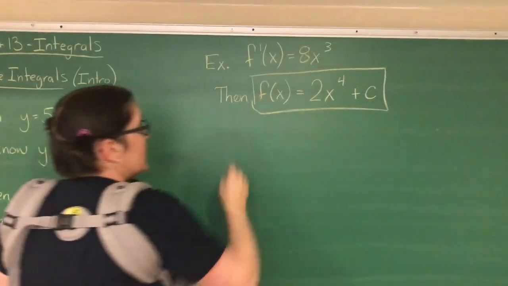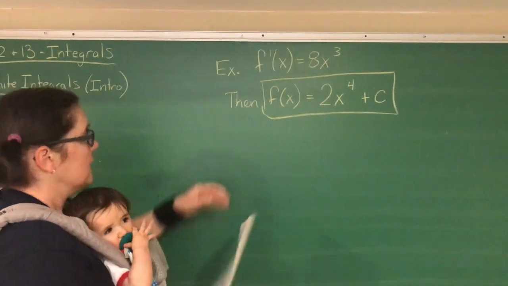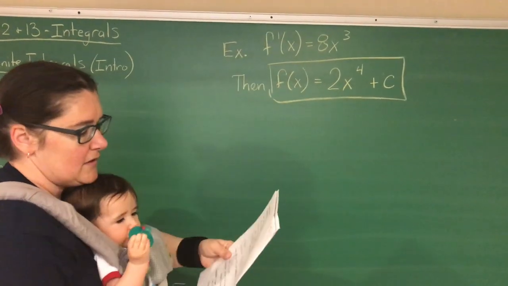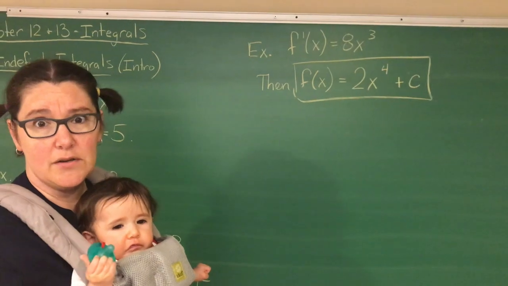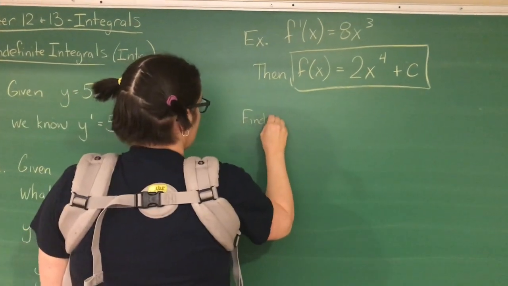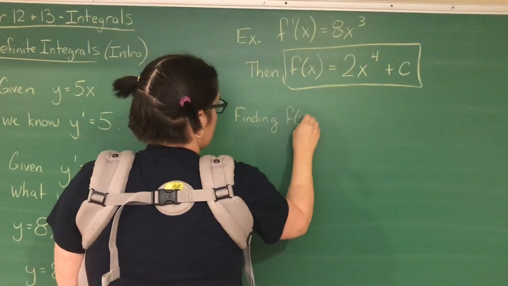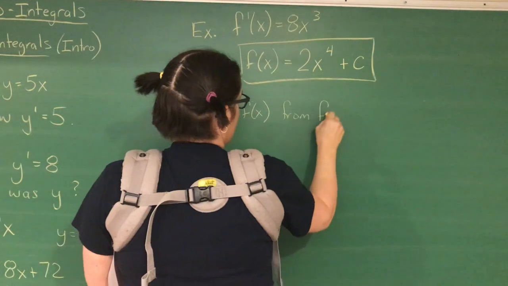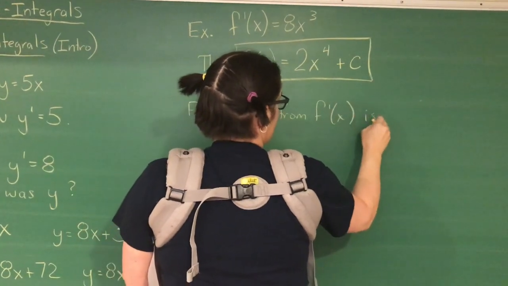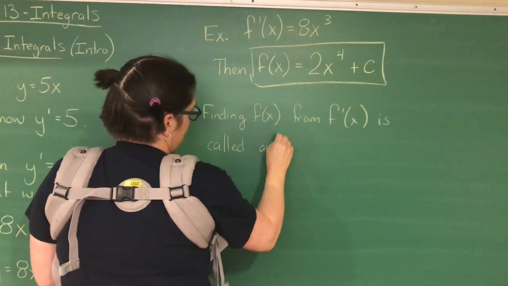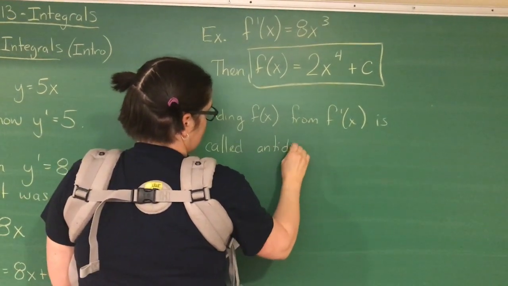So this idea or this process of finding the original function when we are given the derivative, this is called anti-differentiation or integration. So finding the original function f of x from the derivative is called anti-differentiation.